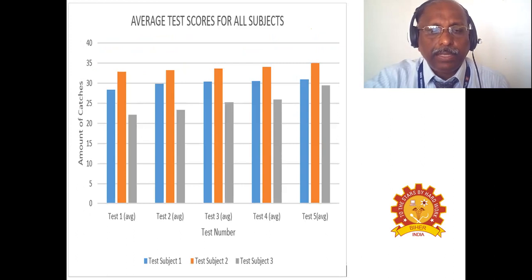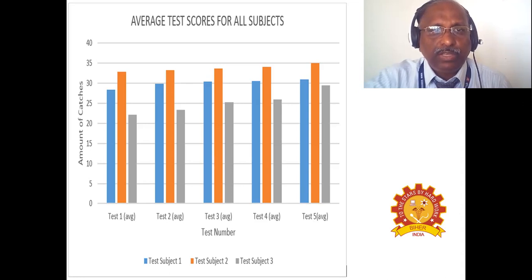Here a typical graph is shown. This is a bar graph having an x-axis with test 1, test 2, test 3, test 4, test 5, averages, test numbers. And then on the y-axis we have the amount of scores. It's a simple example giving the average test score for all subjects.